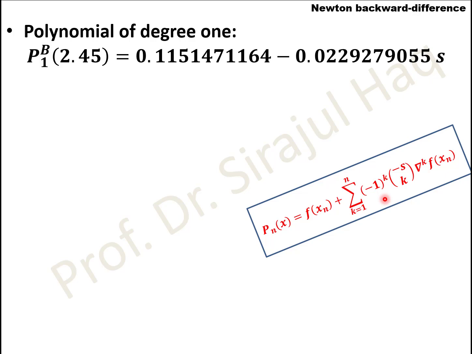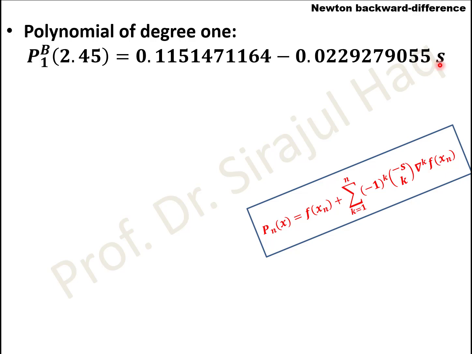When I say n is equal to 1, minus 1 raised to the power 1 is minus 1. Minus s divided by 1 factorial. Minus and minus will become plus. So that's the reason you can see s. F of xn, f of x5, and ∇ f(x5) multiplied by s.